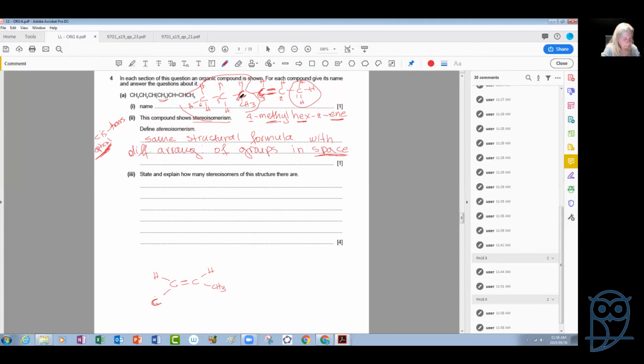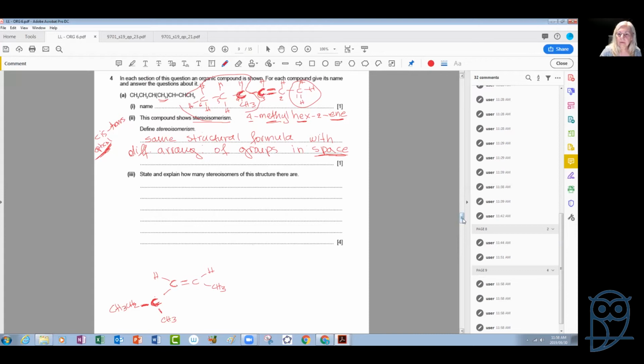This carbon here is connected with a methyl here, and the other part is all that. I hope you see that this bold carbon is actually this carbon here. Don't confuse it with the carbon next to it, which is the carbon of the double bond. Now look at this.